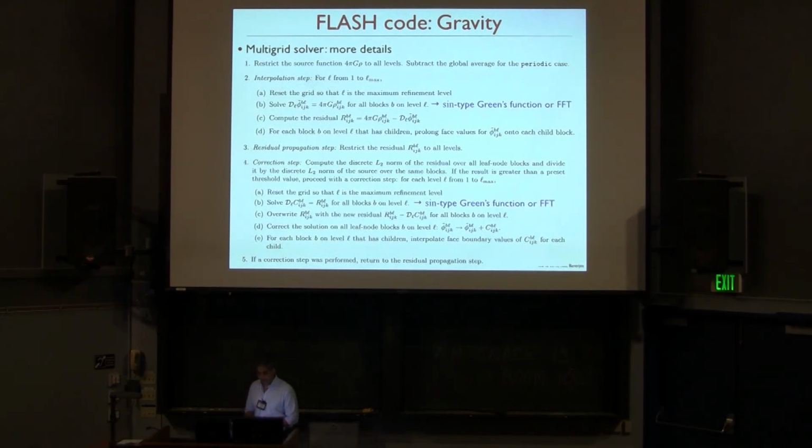Otherwise, you continue not with the original problem here, but you only solve the Poisson equation using the residual and calculate a residual solution, called here, instead of phi, C. And then you add this to the previously achieved solution, and you get an updated version.